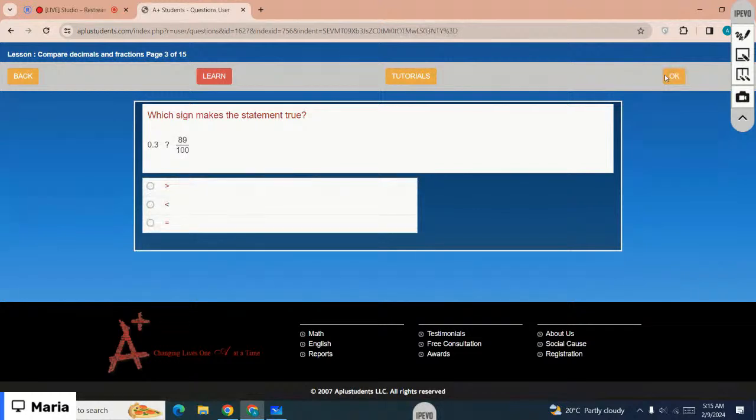So which is the option? 0.3 is less than 89 over 100, right?